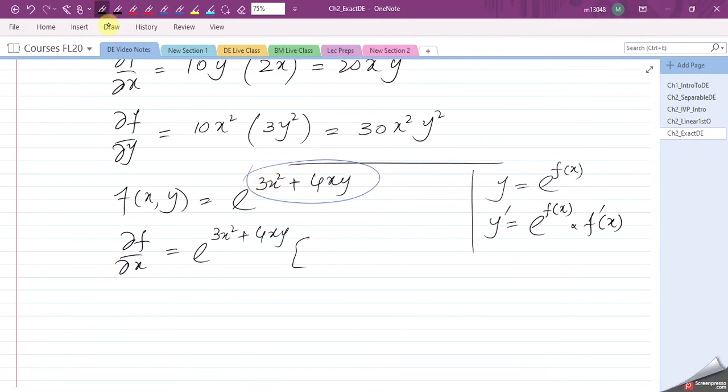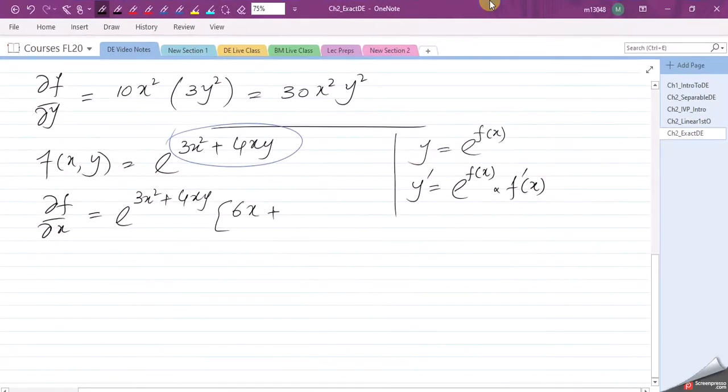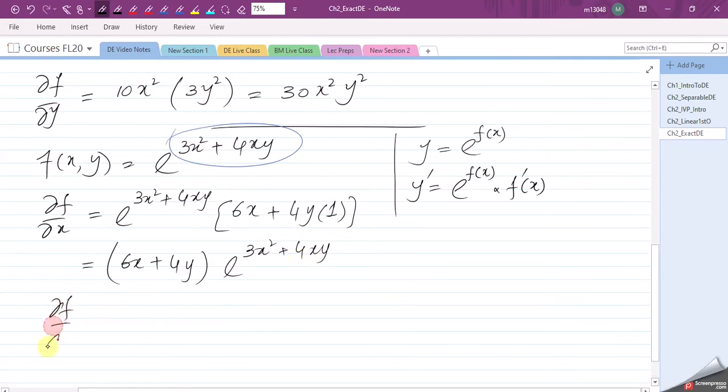We can use the standard derivative 6x plus, y is constant, 4 is constant, 4y into derivative of x, 1. So we get 6x plus 4y into e power 3x square plus 4xy. How about you try, pause the video and try partial f by partial y.